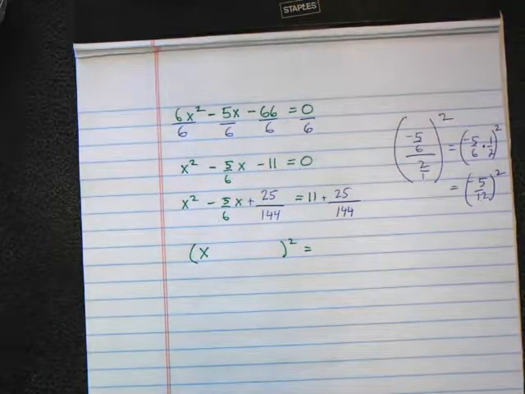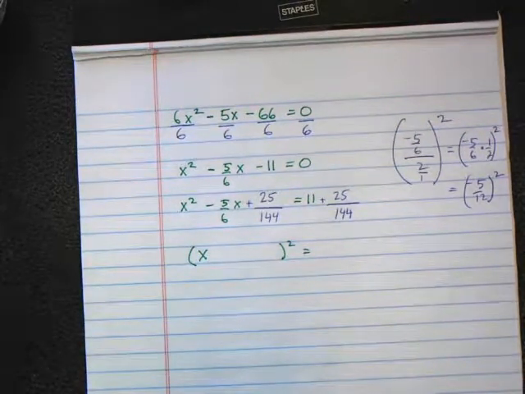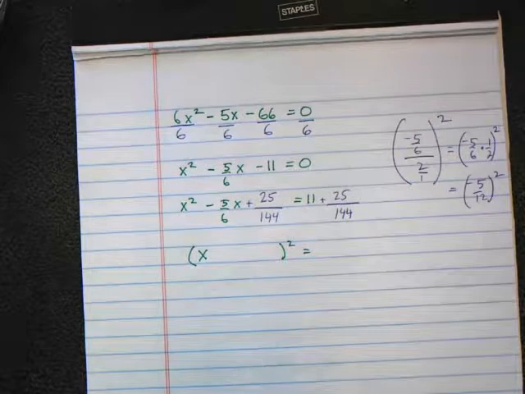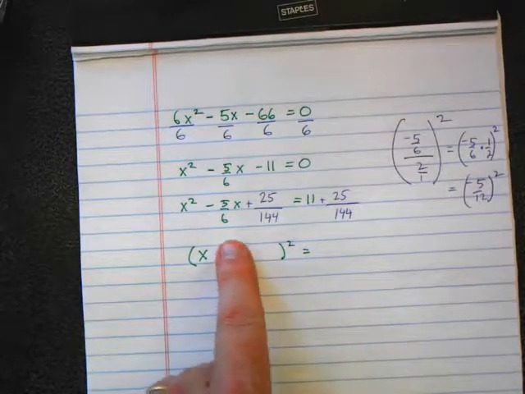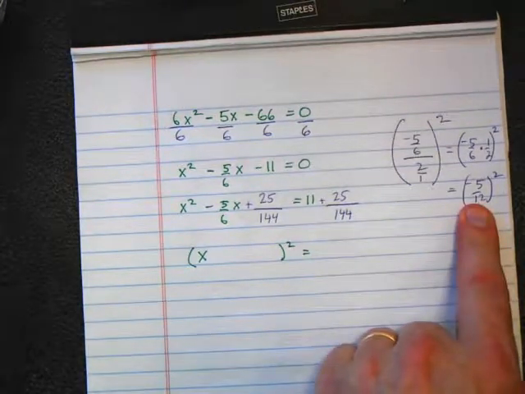All right, so if we did this right, this factors as it has an X. What else goes inside the parentheses? It's negative 5/12. It's x minus 5/12.